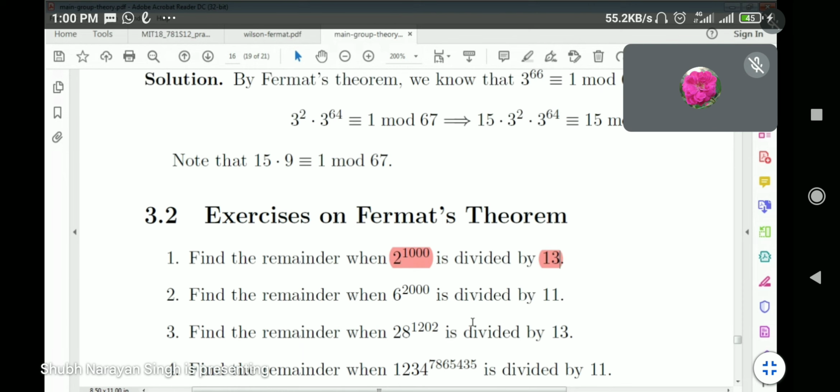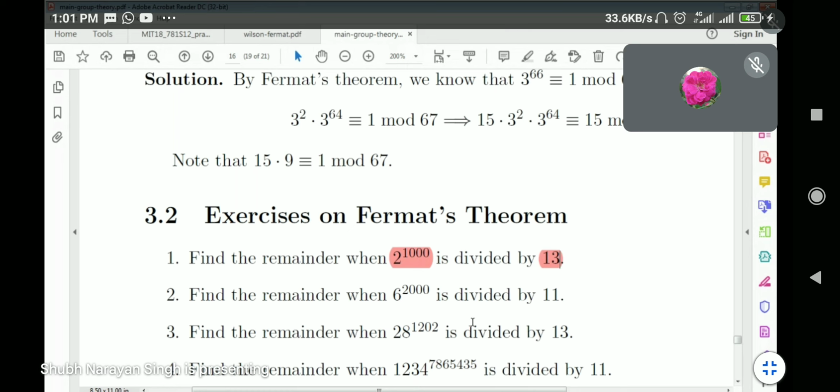Because by using Fermat's theorem, we reach the point 2 power 12 is congruent to 1 modulo 13. And then what he did, just divide 1000 by 12. Then the quotient is 83, I think, and the remainder is 4. So finally you have to look for 2 power 4, and 2 power 4 is nothing but 16.